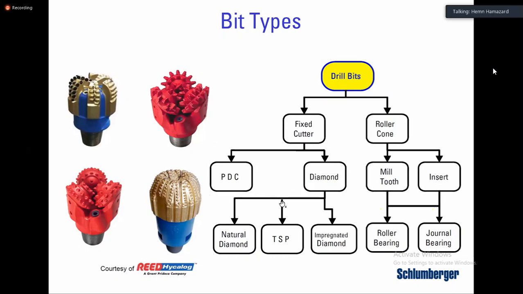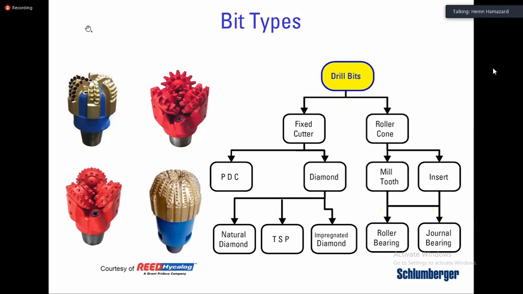PDC bits are very common in drilling wells. On the other hand, roller cone bits can be classified into mill tooth bits and insert bits, and those two types can also be classified into journal bearing and roller bearing bits.